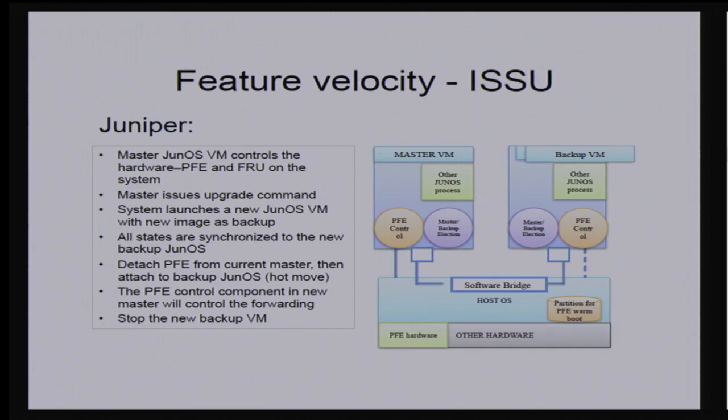We synchronize the PFE or ASIC states over. Once that has all been synchronized, we do a hot handoff of the ASIC from the old master VM to the new master VM. We then destroy the previous primary routing engine, and you're done.